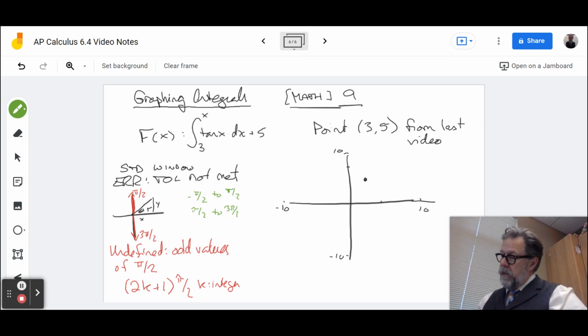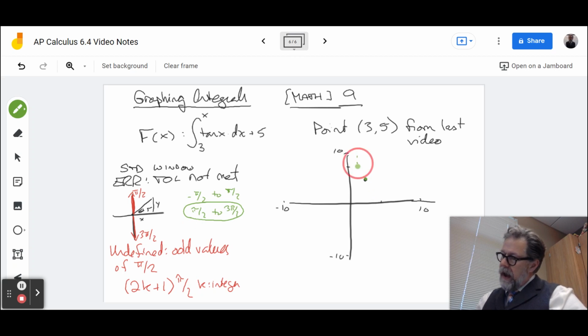And then the next question would be, hang on a second, we have this point here at x equals 3. Which interval is this at? Well, pi over 2 is 1.4, so 3 pi over 2 would be 4.2, which means that this is the interval that we're interested in.